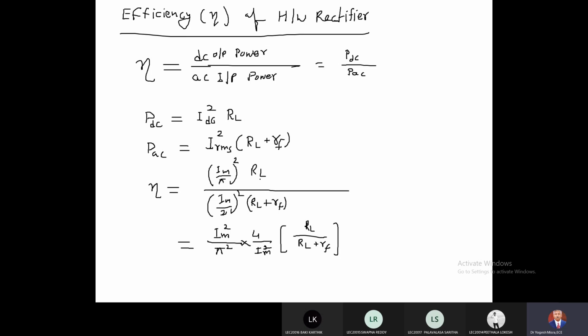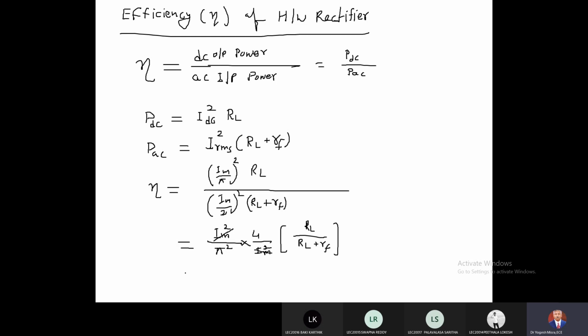This we will get: RL by RL plus RF, and Im by pi whole square and Im by 2 whole square. This can be written like this. So this Im square and Im square will cancel out. So I will get 4 by pi square.